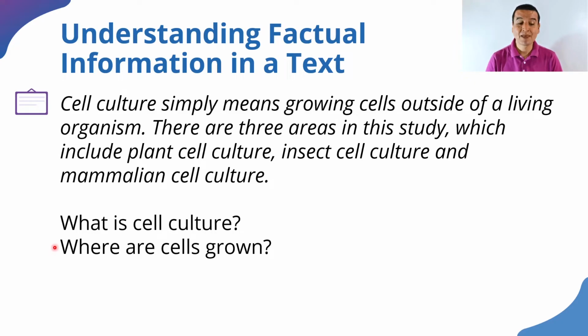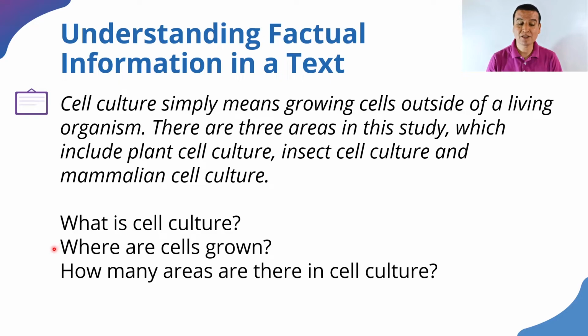All right? And because we're saying that there are 3 areas in this study, we can ask the question, how many areas are there in cell culture? And then we include them. Of course, we can add more information questions or factual questions about this text, but that could be enough. Let's ask 3 questions about this one.